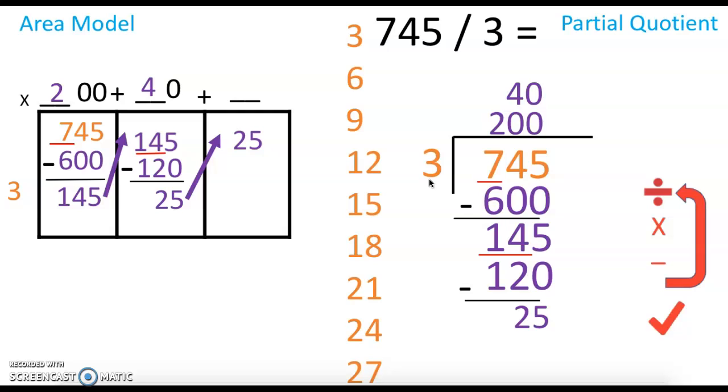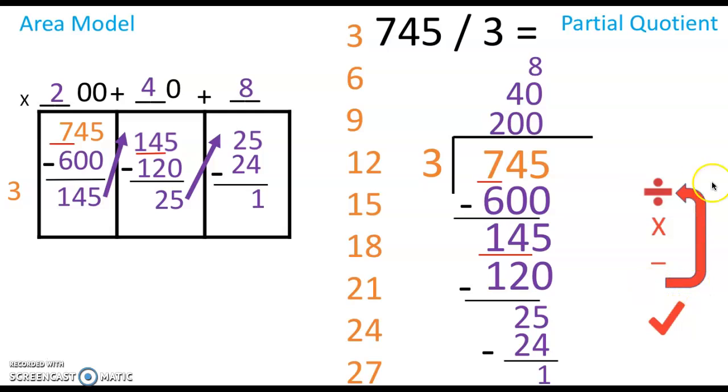Or if we skip count, what's the closest we can get to 25 without going over? That would be 8, because when we multiply, 8 times 3 is 24. Then we'll subtract, giving us 1.